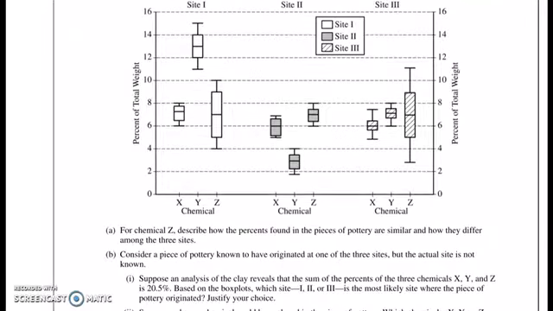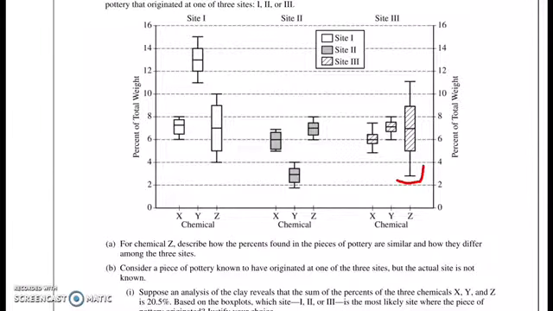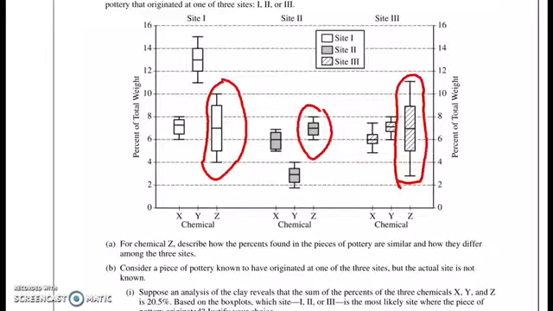And we see chemical Z for all 3 sites: there's site 3, site 2, and site 1. And we can see for all 3 sites, the center, which is the median of the box plot, is in approximately the same position.